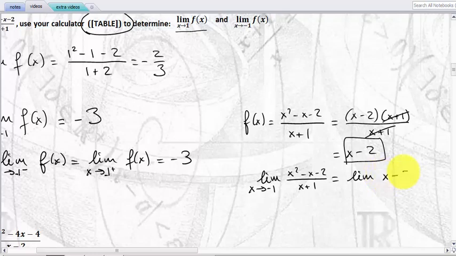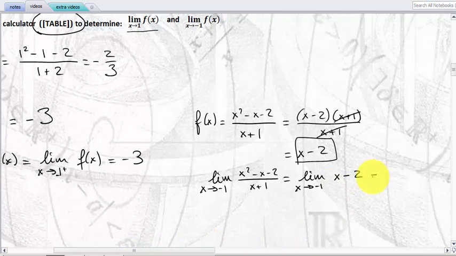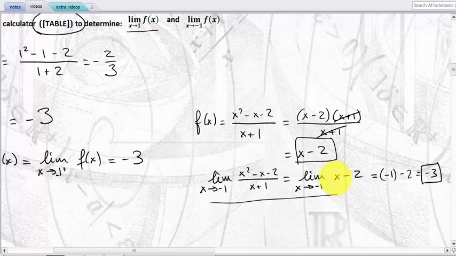So it's going to be equal to the limit of x minus 2 as x approaches negative 1. And here, this function being defined, I'll just substitute, right? Negative 1 minus 2, and that is negative 3. You see? What we saw with a table, now we just did it algebraically.